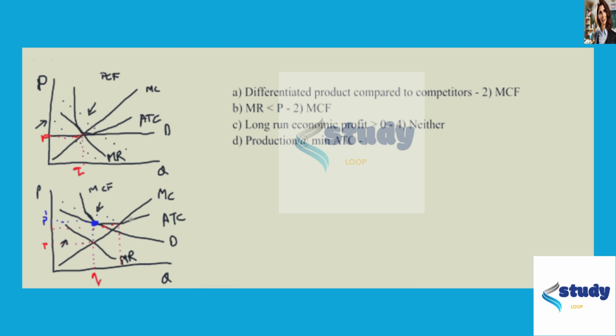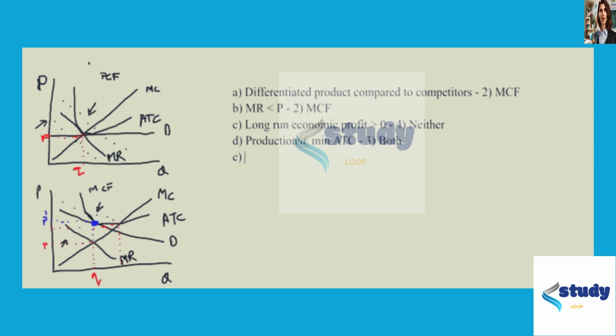For the MCF, we might say it does actually produce at this point as well, which is in fact true. You can see that this is the minimum cost, but here it has to pay higher prices.